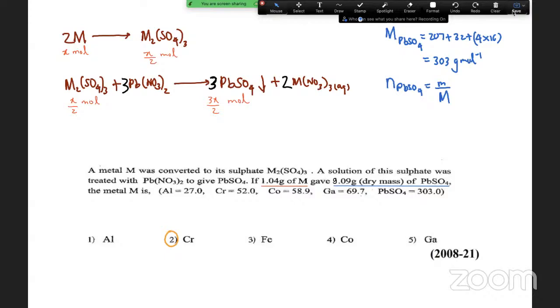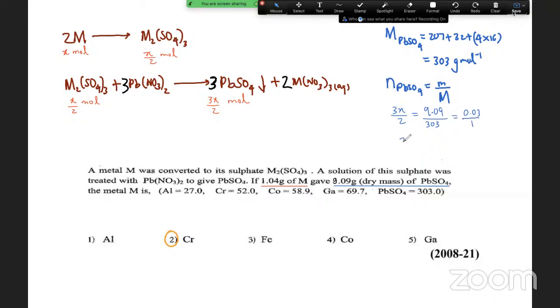Okay, number of moles of lead sulfate. Number of moles of lead sulfate is 3x by 2. And mass of that is 9.09 over molar mass, which is 303. That's even better, we are going to get it quite conveniently. 9.09 over 303 is going to be 0.03 over 1.